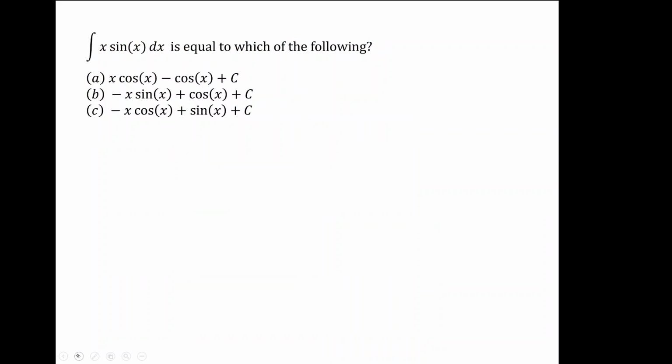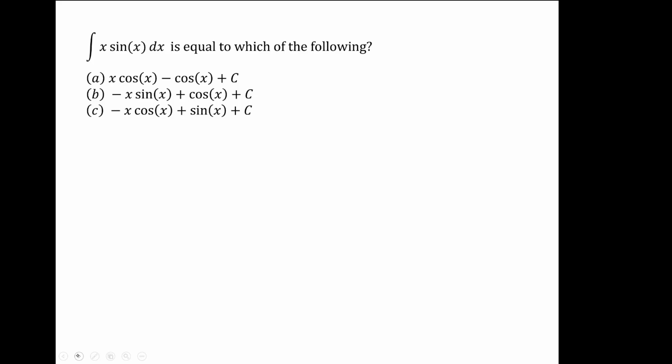Okay, and the last thing inside the video that's posted to the left of this one, the review or preview video, is this multiple choice problem. Not knowing this method of integration by parts, but given some choices, you're asked: what is the antiderivative of x times the sine of x? And it has to be one of these three options.